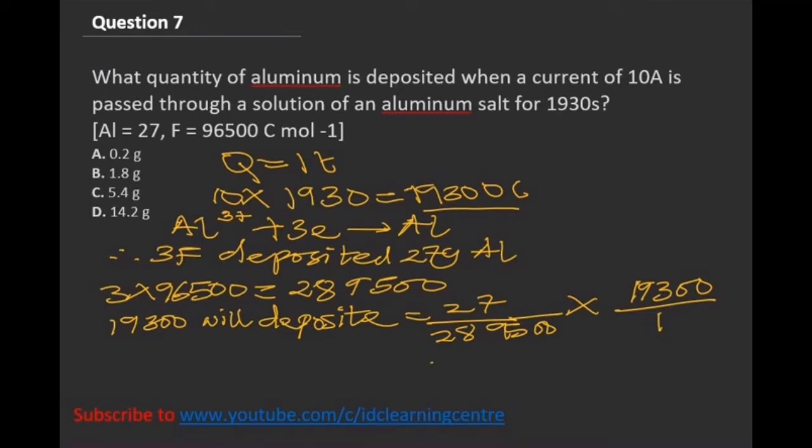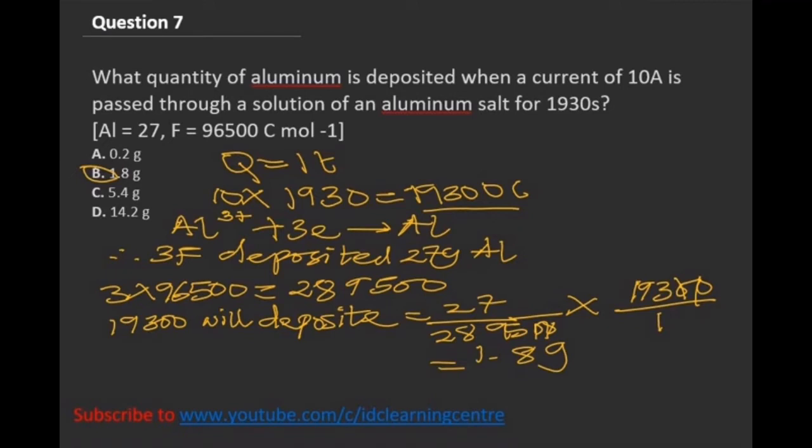So first of all, we'll cancel out these zeros. So when you multiply them out, we arrive at 1.8 gram. So the answer to this question is option B, 1.8 gram.